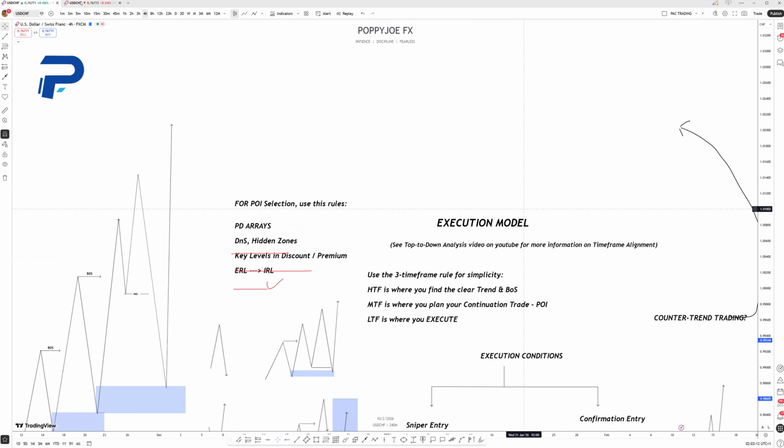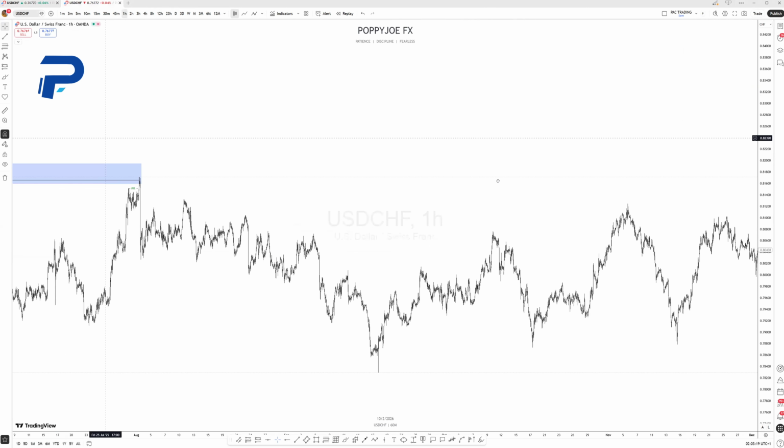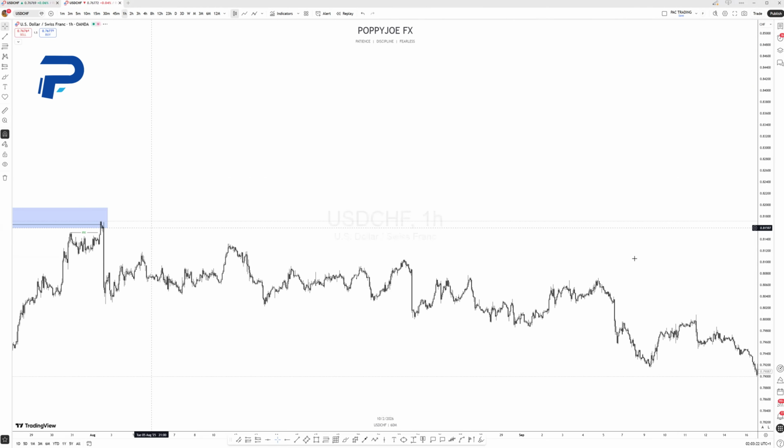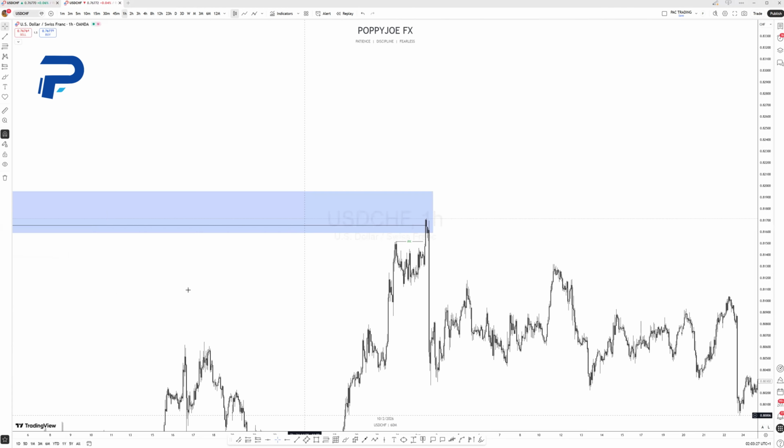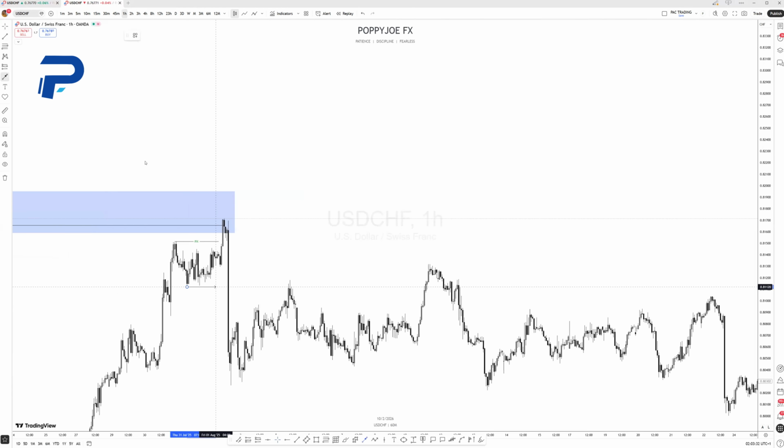First thing we must see is MSS. If that zone is actually valid, let there be a structure shift from that zone. So right here, what do we see? We have price clearly mitigating the POI and breaking these lows, of course breaking even more than one low. That's an example of what we call our market structure shift to the downside.